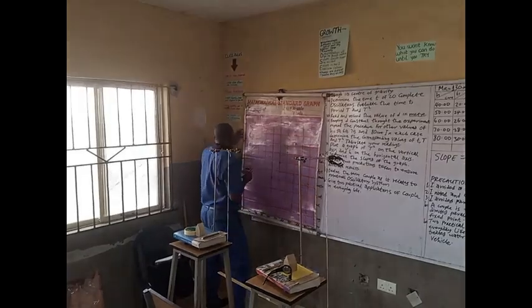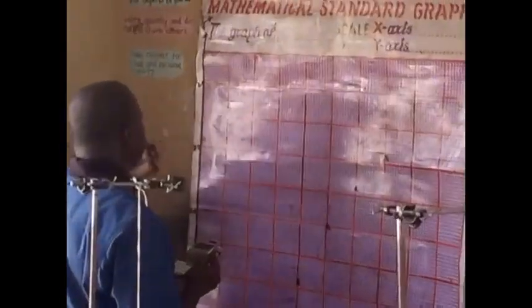So this will be 2.25, 2.3, 2.35, 2.4. 2.4 will be here.